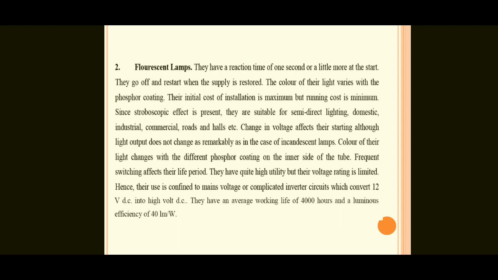In the case of incandescent lamps, the initial cost is low, but the running cost is very high. But in the case of fluorescent lamps, the initial cost is high, but the running cost is low.